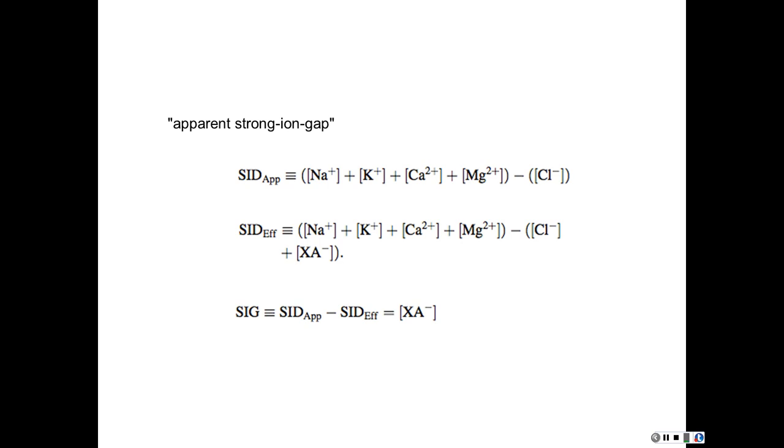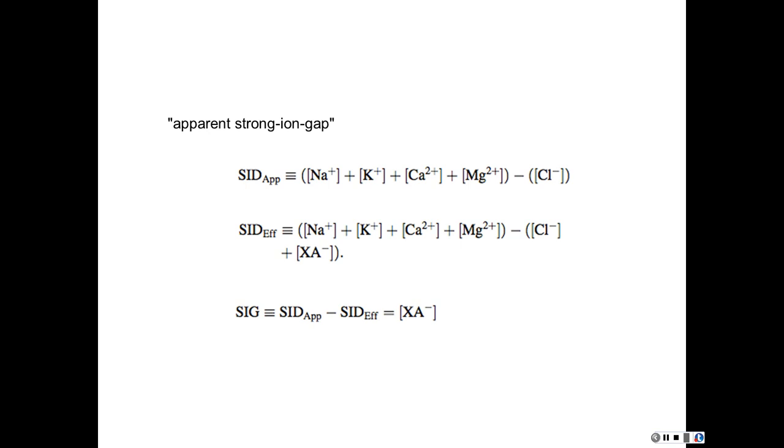Then there's the apparent strong anion gap, which is taking into consideration more of all these anions and cations. And we would expect that we can calculate this. This is apparent to us, so that's the strong anion difference that's apparent, and the strong anion difference that's effective also would include these extra acids that we don't normally measure.